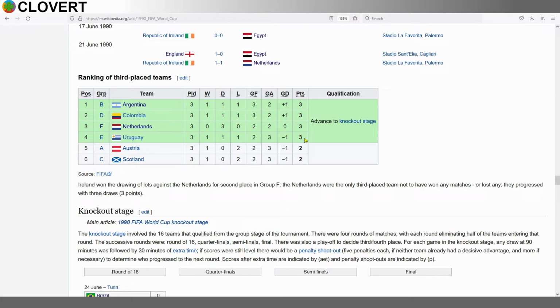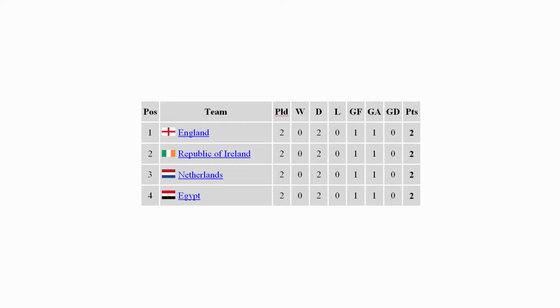So what would have happened is, if England and Egypt had drawn their game, then 3 teams would still have qualified from the group. So it would have been 3 out of the 4, because they would have ended up on 3 points. But they would have had to draw lots for the 3 teams. So they would have had to pick the team in first, second, third, and the poor suckers who would have been knocked out. So it would have been an incredible situation.